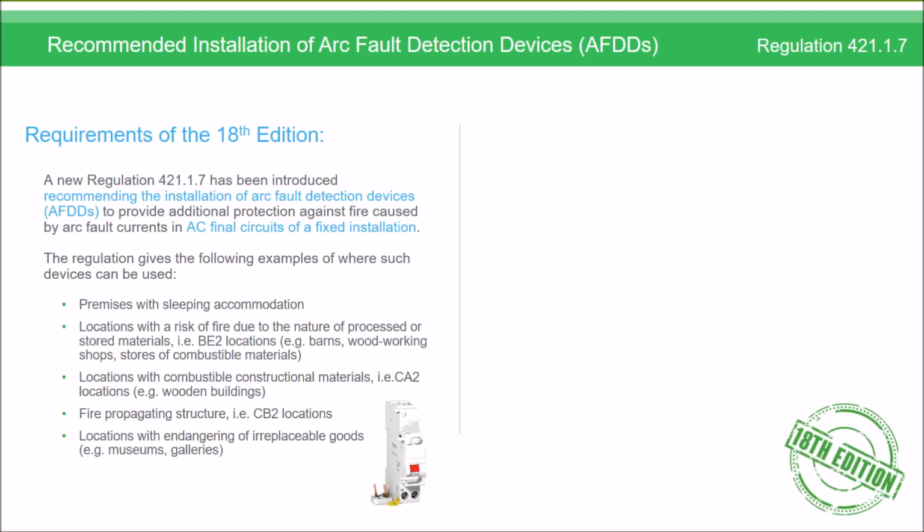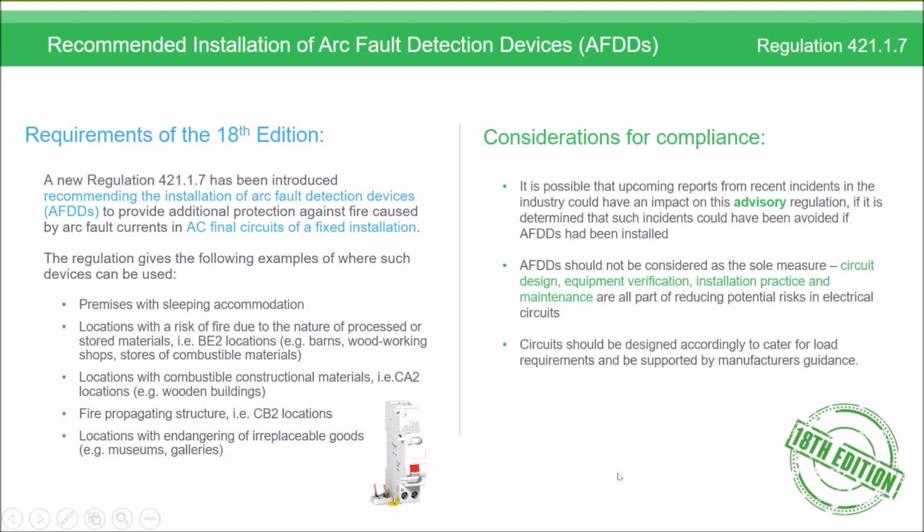So a key point there is it is an AC final circuit, so it's not at the head of a bank of circuits or a group of circuits. It's the final circuit that we're talking about here. And you have the examples of the areas where these devices can be used.